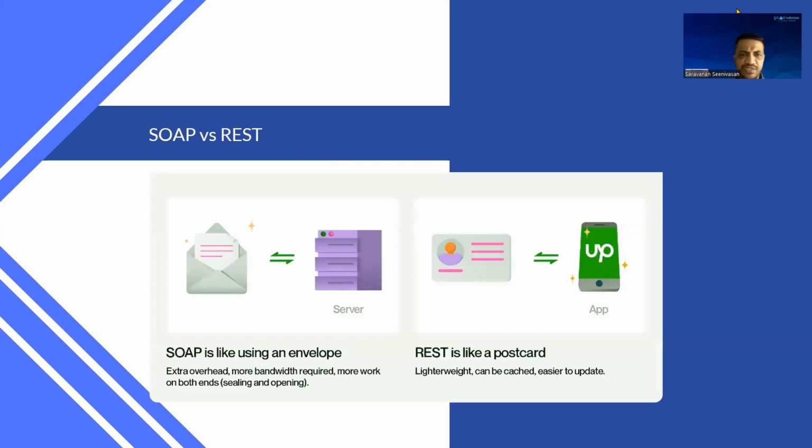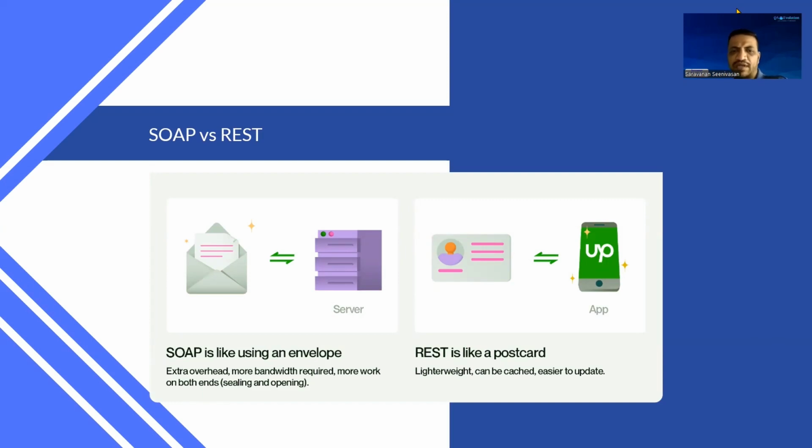SOAP uses XML for data transfer. With REST you can also use XML, but we predominantly use JSON for REST APIs. So for REST APIs we will be using JSON, and for SOAP we have to use XML data.